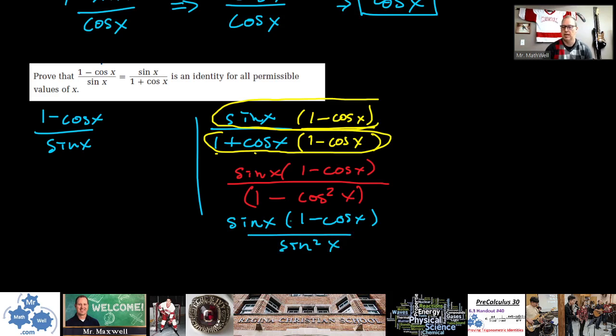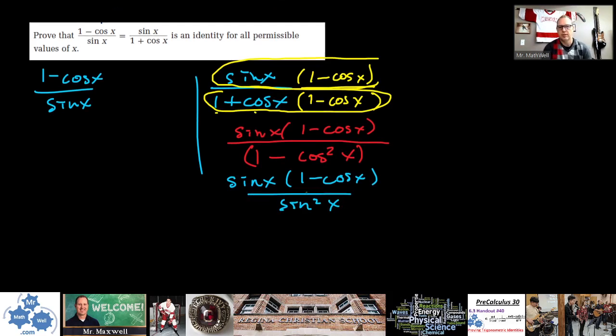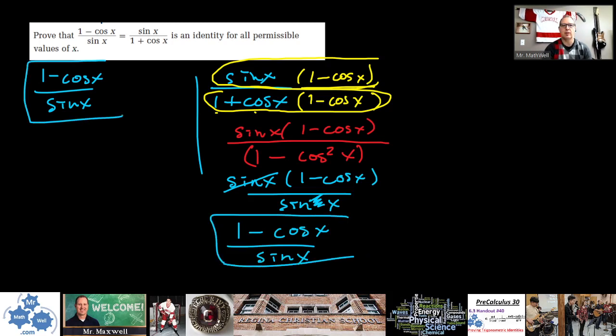Okay. And my final step here would be to simplify this: sine x and one of these sine x's get divided out. And so I'm left with 1 minus cos x over sine x. And now I have the right side equaling the left side. Done. Okay.